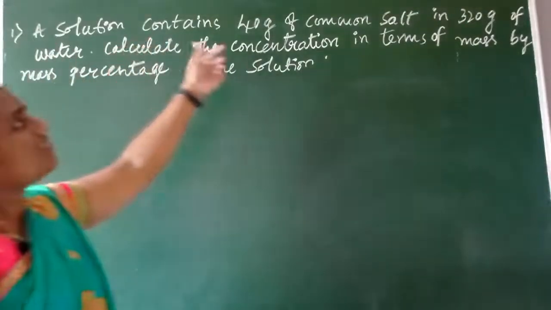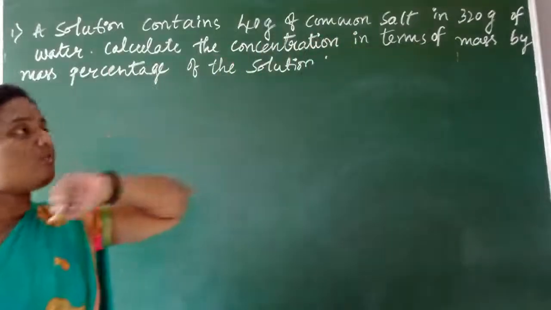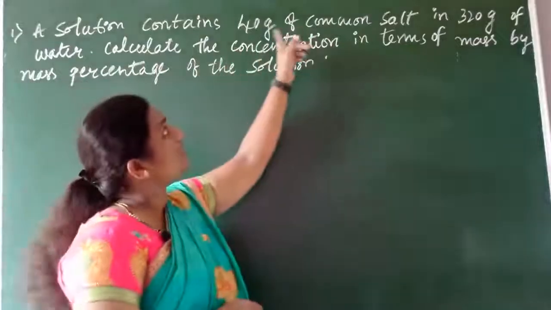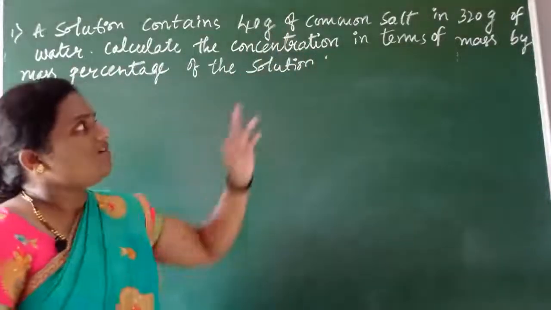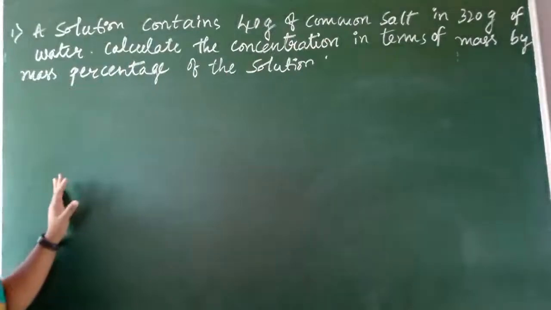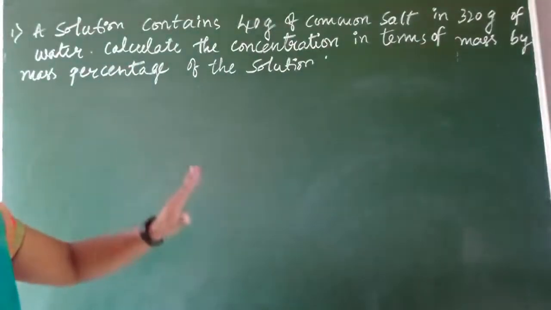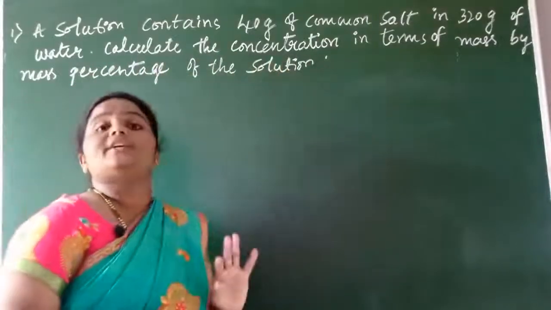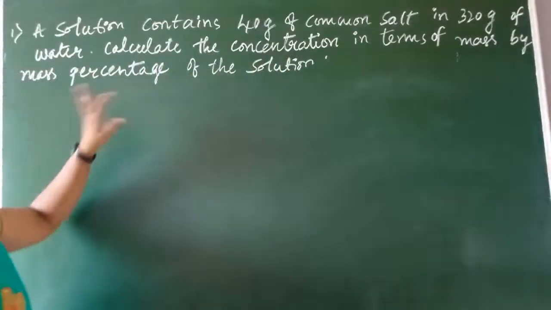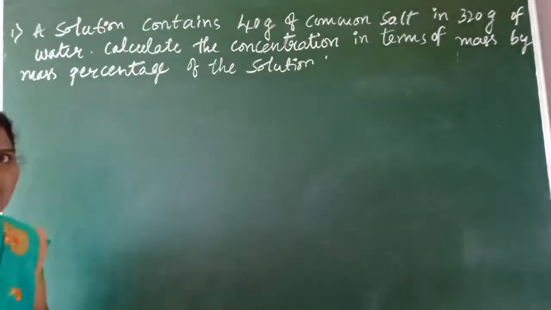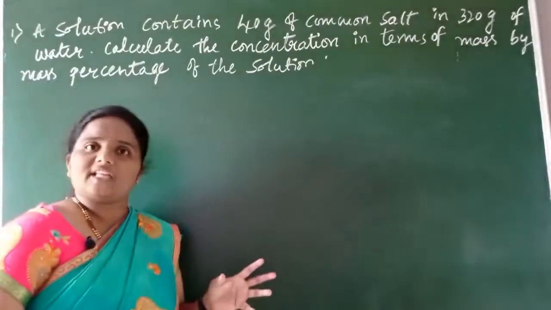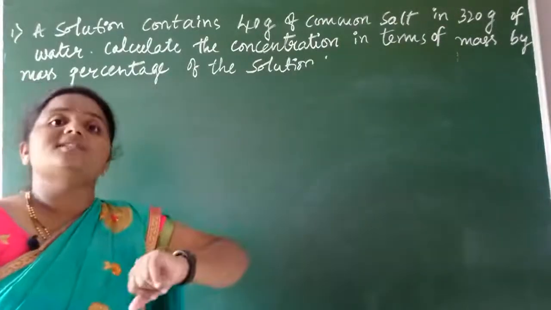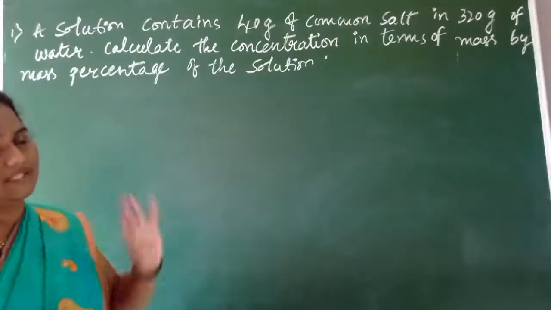Here the solute is common salt, and the solvent is water. 40 grams of solute, whereas 320 grams of water, that is, solvent. Now, calculate the concentration in terms of mass by mass percentage of the solution. Is it clear, children? They asked us to calculate the concentration in terms of mass by mass percentage.